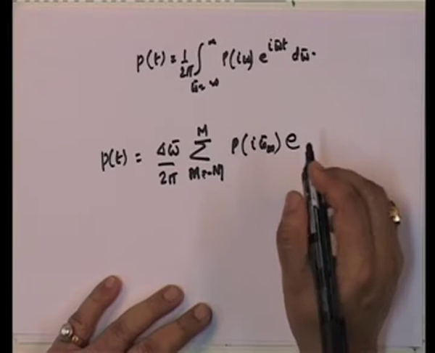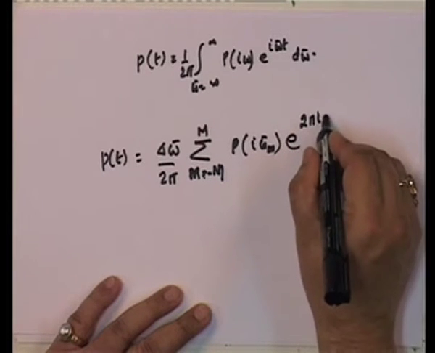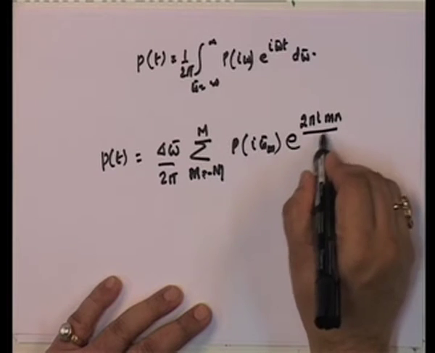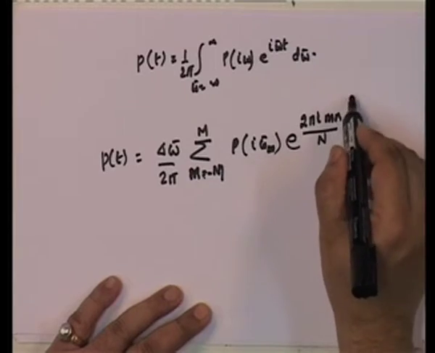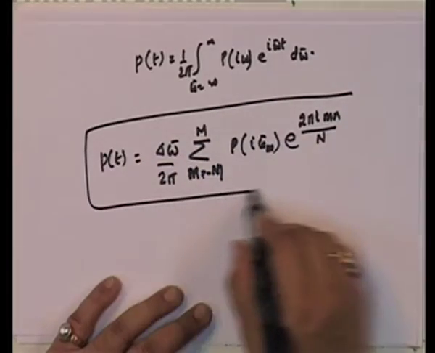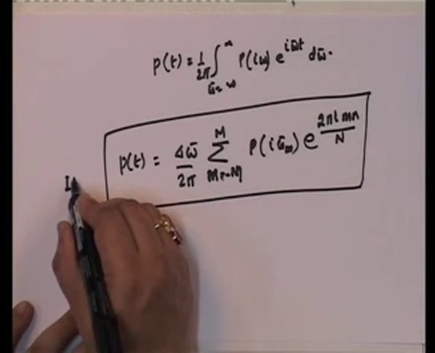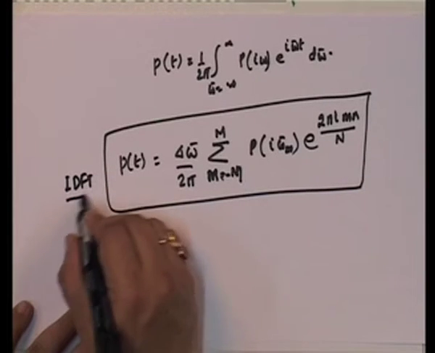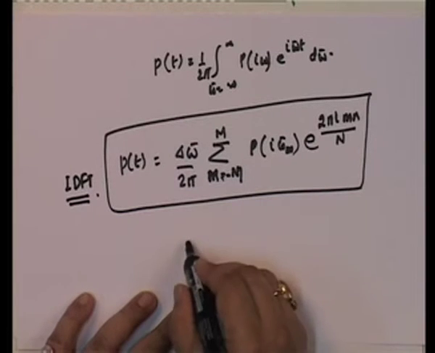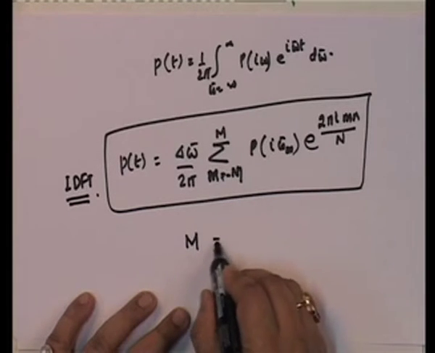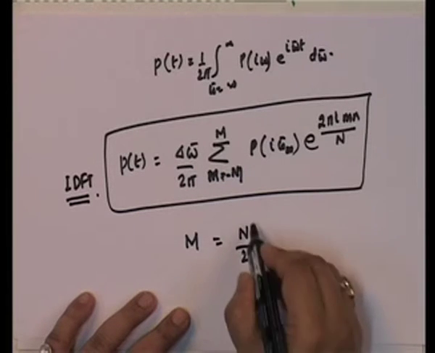Now, I already know what this looks like. This is 2 pi i m n by N from the previous term. This is my inverse discrete Fourier transform. And I know that M is equal to N by 2.